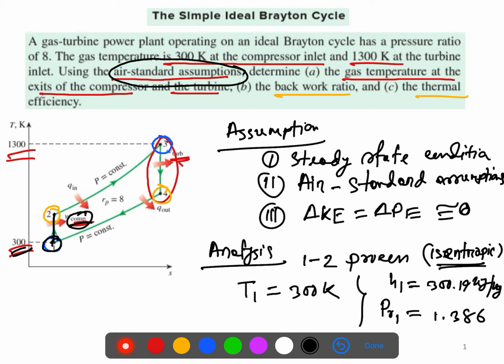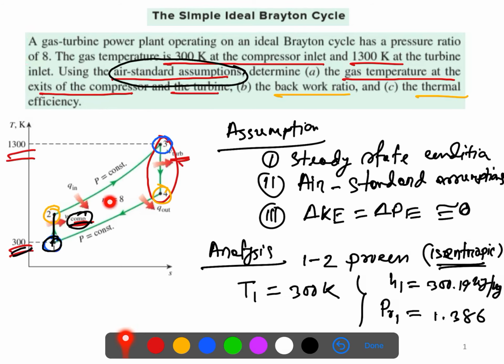You can ask me why you got this. We understand that maybe you need the enthalpy to calculate the work input or the work output, but why do you need the relative pressure? Yeah, that's the question, because in this question we know the pressure ratio. It is given. We don't know the specific pressures P1 and P2, but we know P2 over P1 is 8.